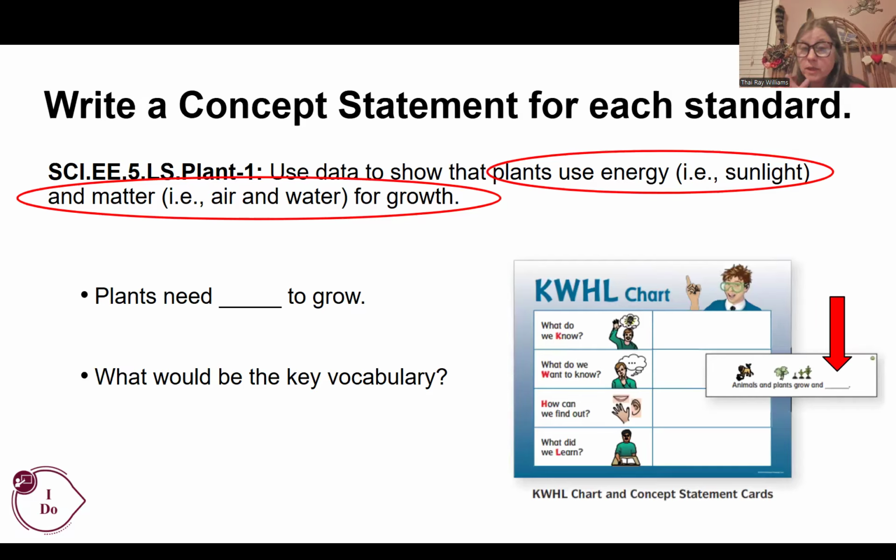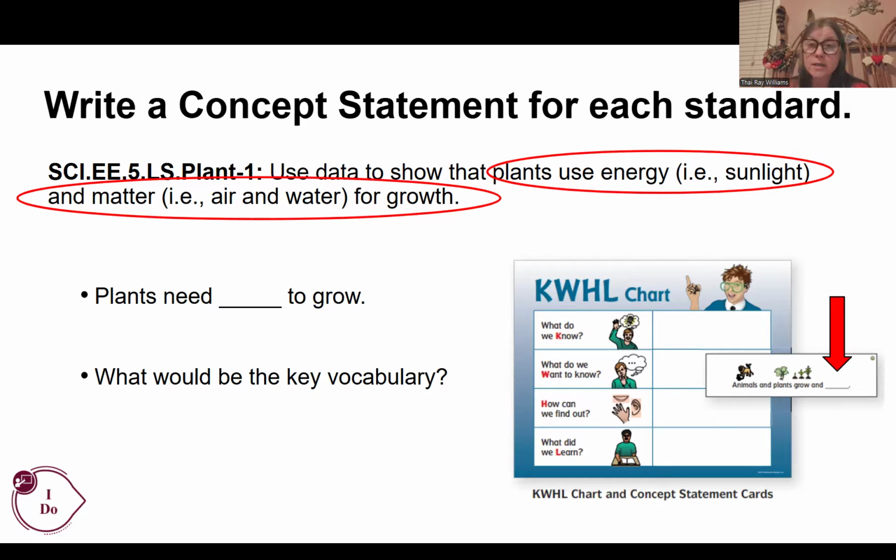But what I do want to make sure that you see is how this all ties in to that KWHL chart. So if we go back and look at the standard on energy and matter being needed for plants to grow, with the KWHL chart, you would start with what do you know about plants, or what do you know about air and water?